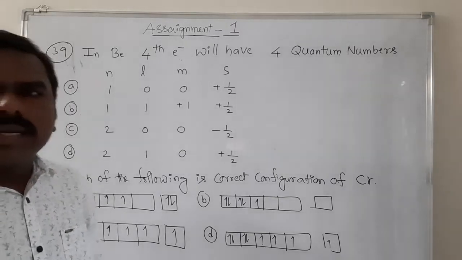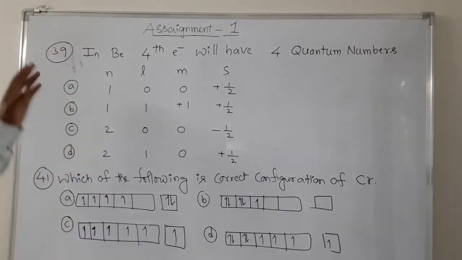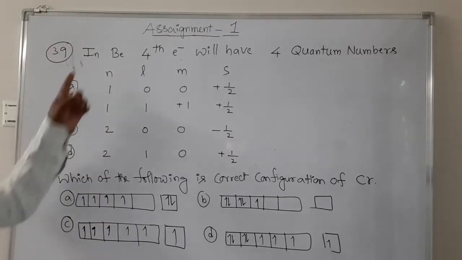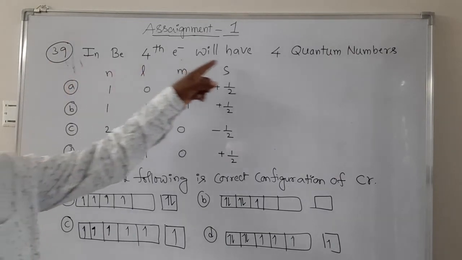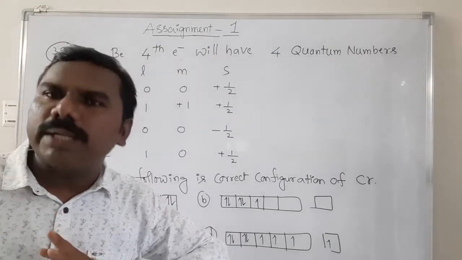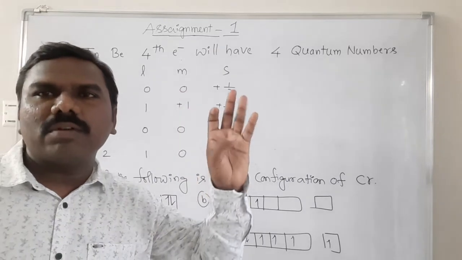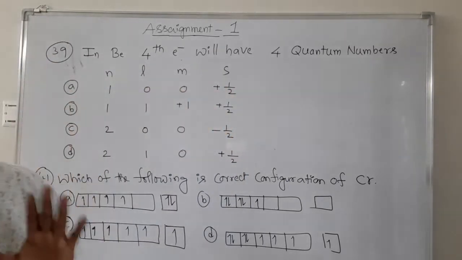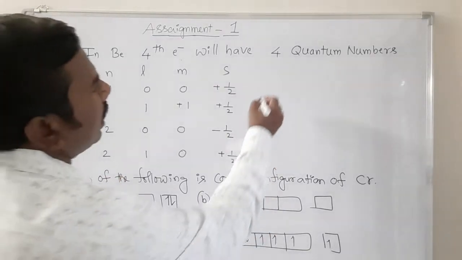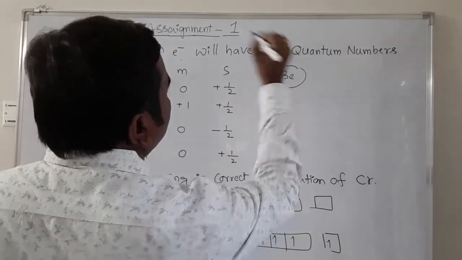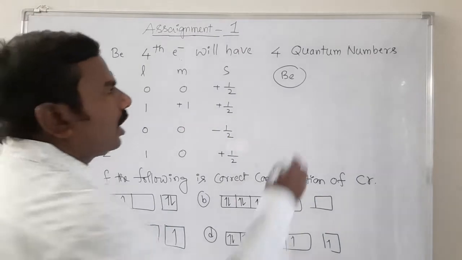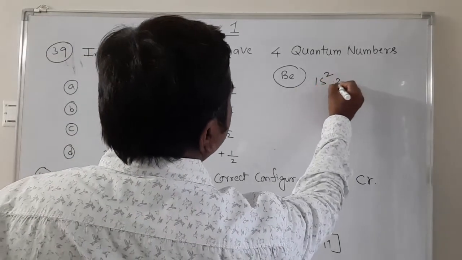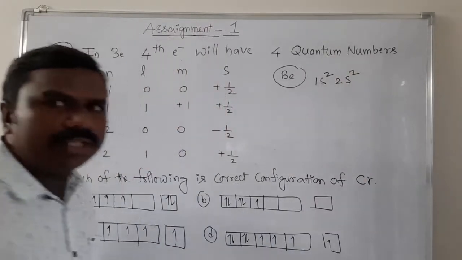Okay, students. Next bit 39. In beryllium, the 4th electron will have 4 quantum numbers: principal quantum number, azimuthal, magnetic, and which one? Spin quantum number. Beryllium atomic number is 4. Atomic number 4 means 1s2, 2s2. It is the configuration.